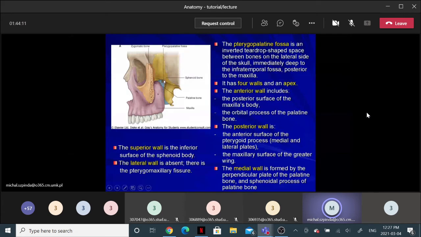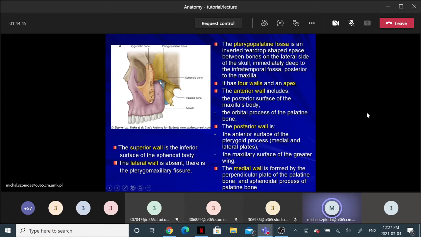The superior wall is composed of the inferior surface of sphenoid's body. It completes the sphenopalatine notch of a separate palatine bone and converts it to the sphenopalatine foramen. And such a foramen directly leads to the nasal cavity.